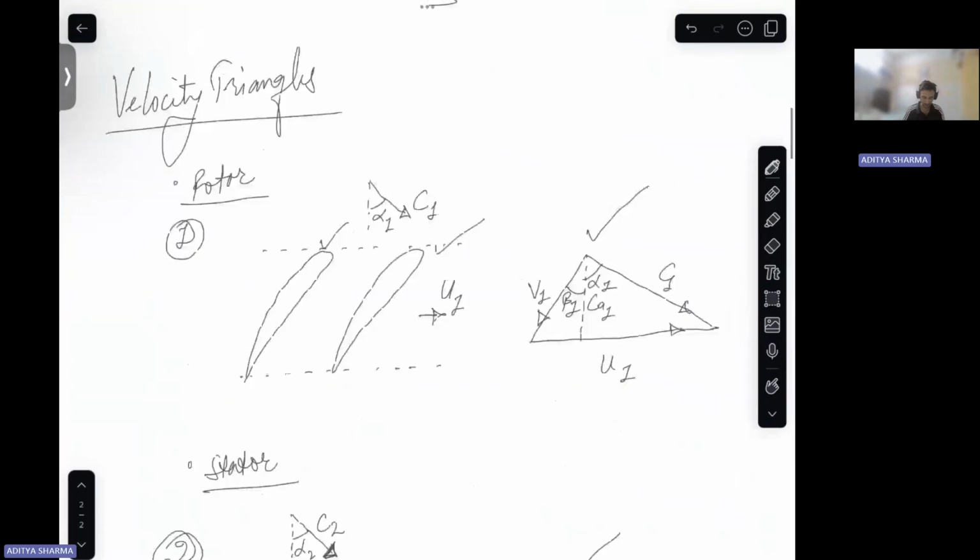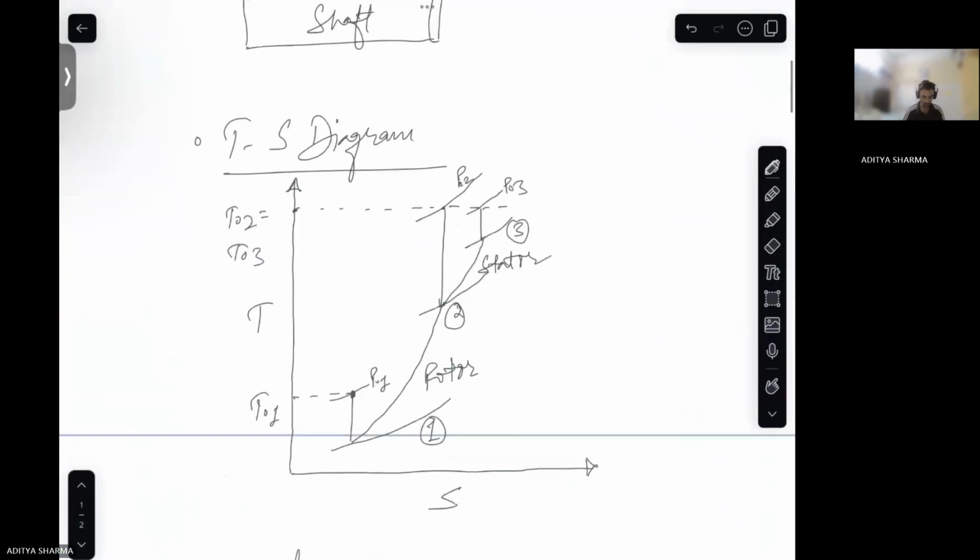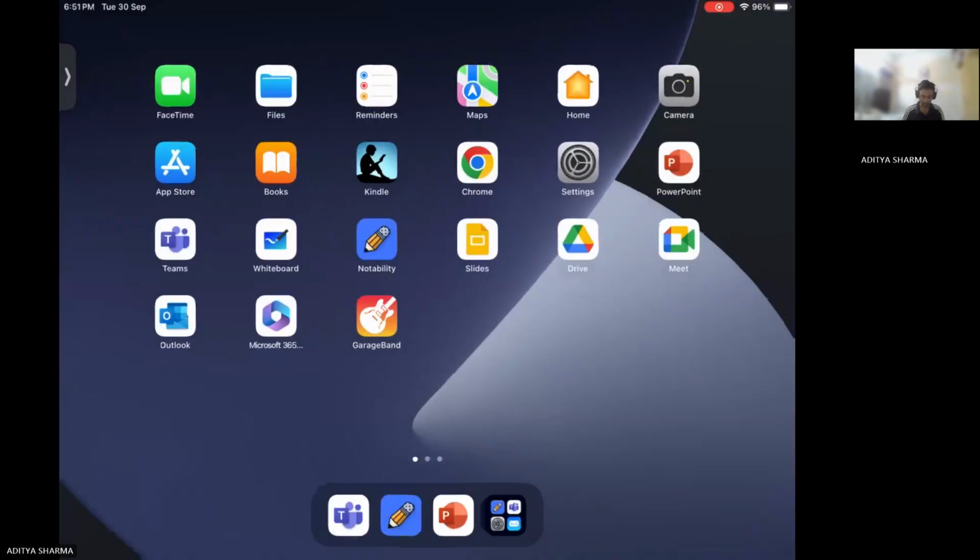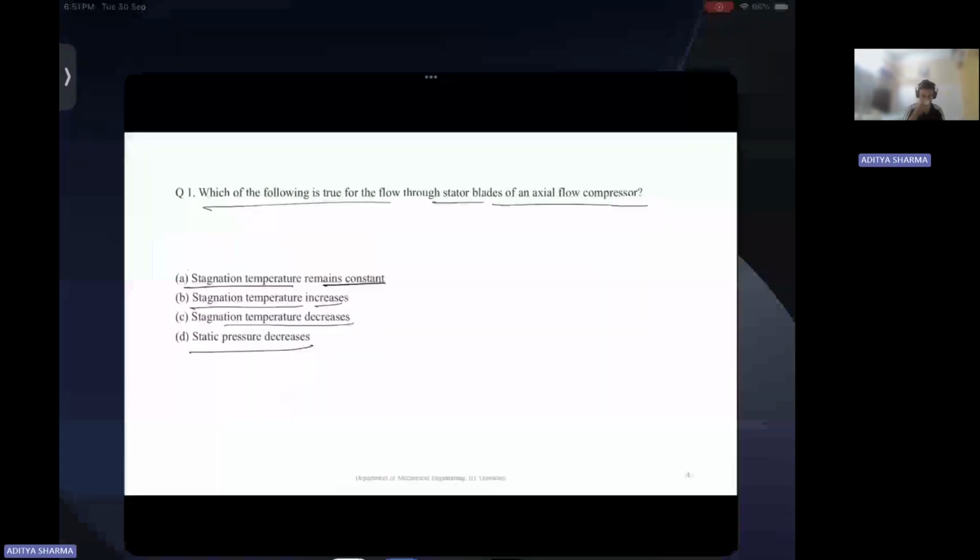If you see the TS diagram, your stagnation temperature remains constant. From the TS diagram, you can comment on this question. The total pressure increases, but your total temperature remains constant.